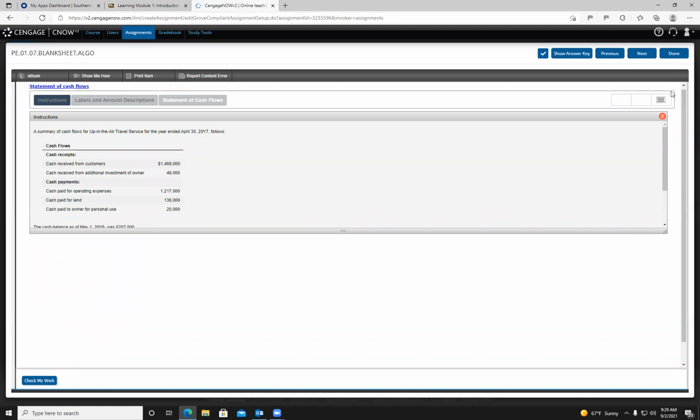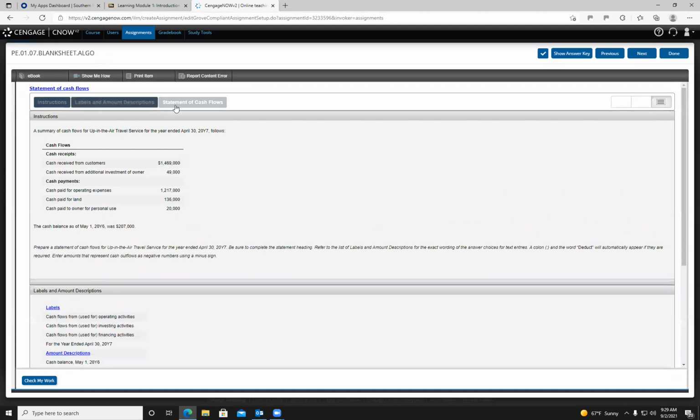Last, we're going to do a statement of cash flow. In the statement of cash flow, the only thing that we really care about is your cash. So we're going to take what the cash balance was and determine what activity that cash came from and where that cash went. Basically, you take all the transactions for the whole time period, and for this one, it's for the whole year that ended April 30th, 2007.